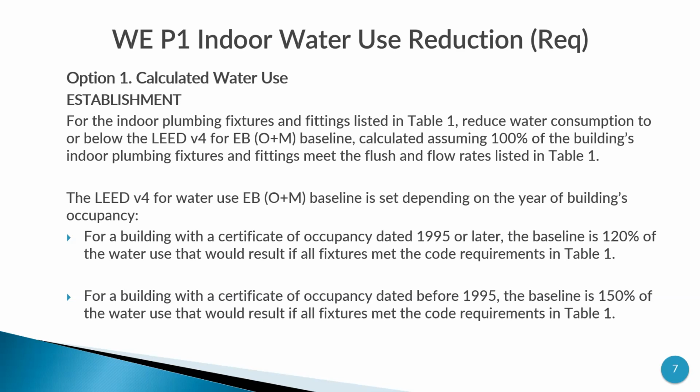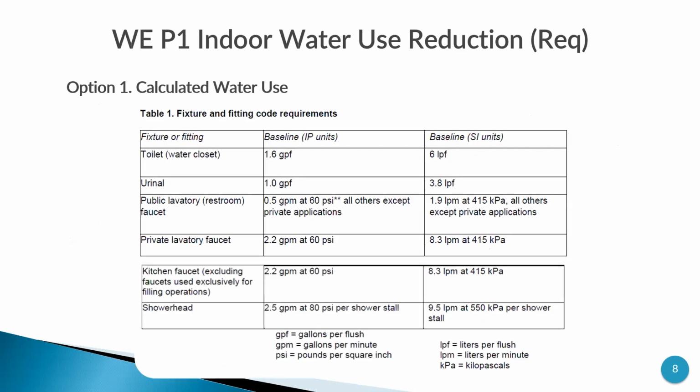We'll see what that is. But for buildings with the certificate of occupancy dated before 1995, the baseline is 150%. This you need to be clear on. You'll get a question on this point.